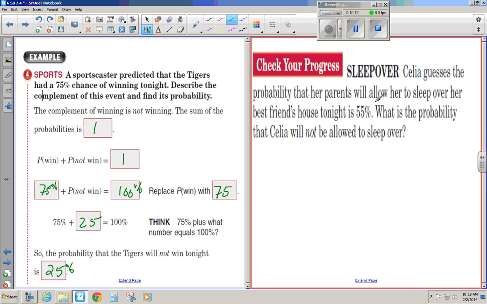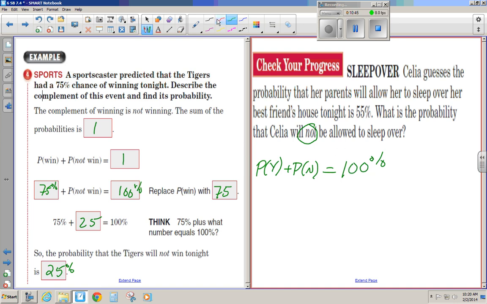Celia guesses the probability that her parents will allow her to sleep over at her best friend's house tonight is 55%. What is the probability that Celia will not be allowed to sleep over? Well, this is complementary. We're dealing with not. So complementary adds up to 100%. The probability of yes plus the probability of no should be 100.